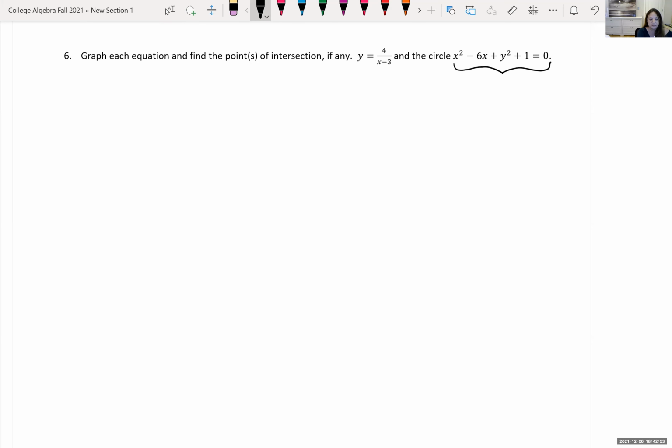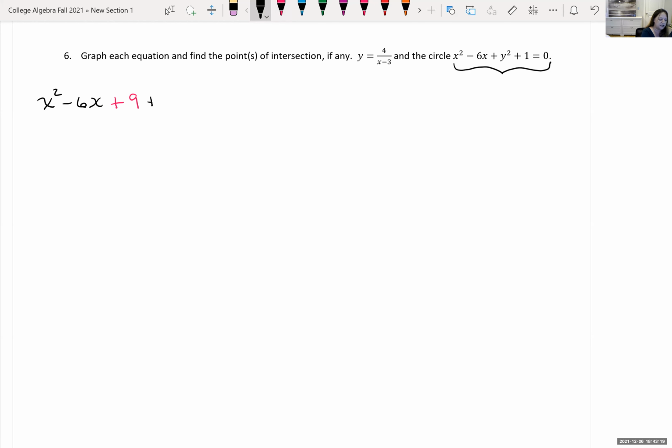So we want to complete the square on our x terms. We don't need to do that on our y term, and we want to get the constant to the other side. And so x squared minus 6x. I notice that I'm going to have to add the number to make this a perfect square. So it's half of -6, which is -3, and then square that number. So -3 squared is 9.